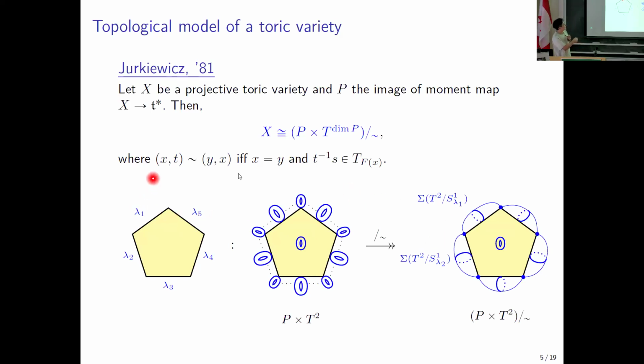equivalence relation. So what this equivalence says is, if I have this lambda 1, remember that I'm looking at this object as an object sitting inside the Lie algebra. So each direction determines the circle subgroup generated by this lambda 1 direction. So I'm going to collapse the circle subgroup generated by this lambda 1 here, right?